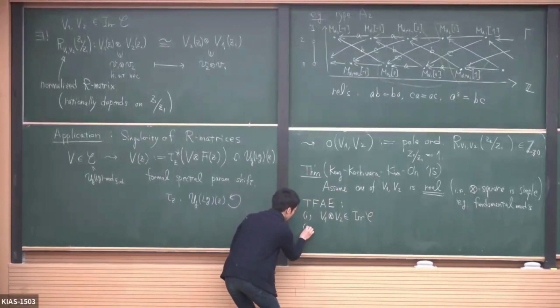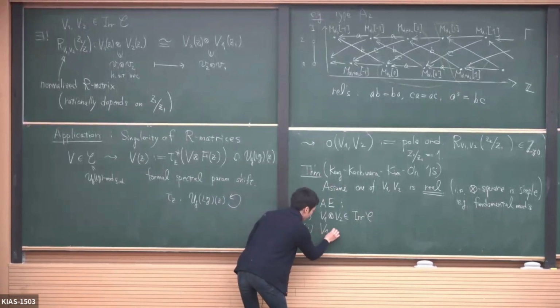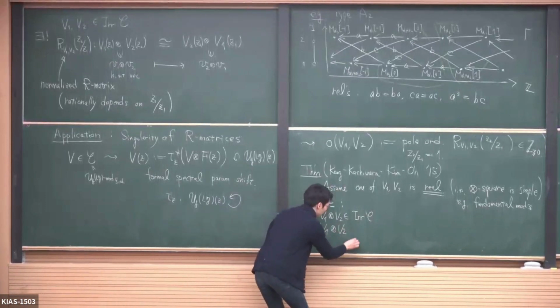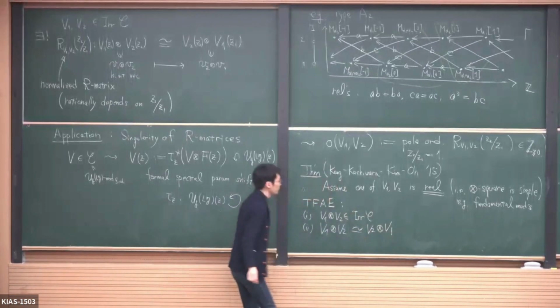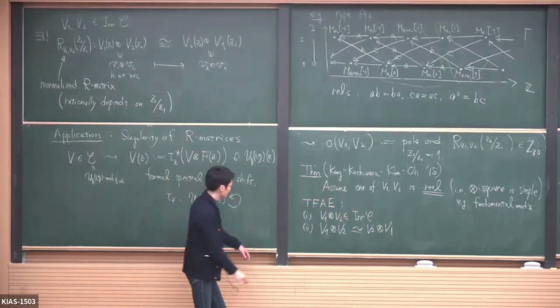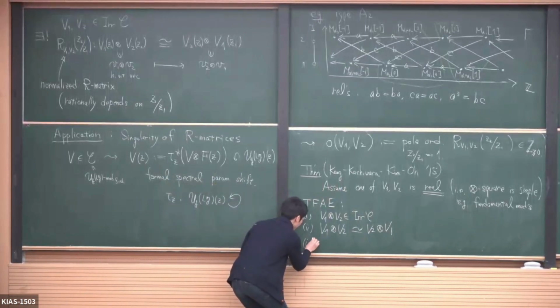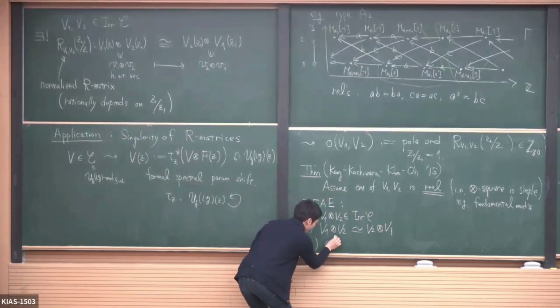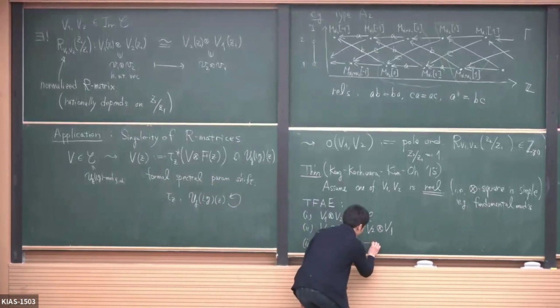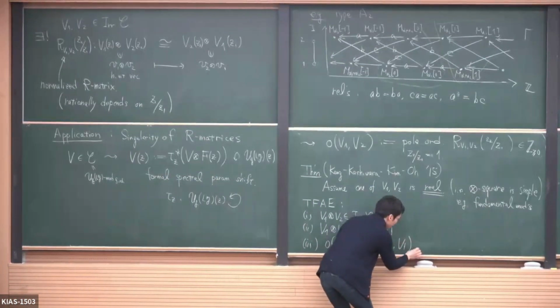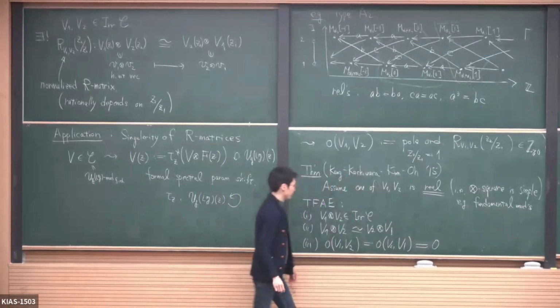And the second condition is the commutativity of tensor product. And the final condition is that the order of R matrix is 0.